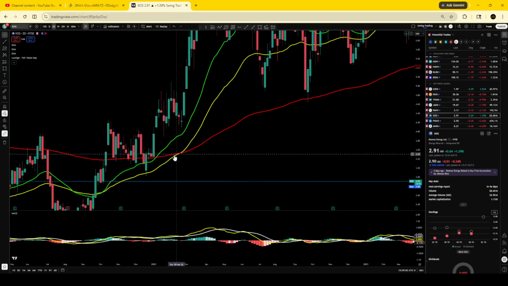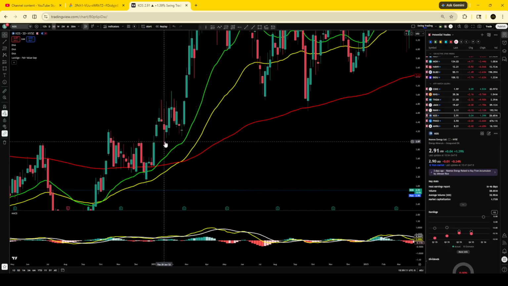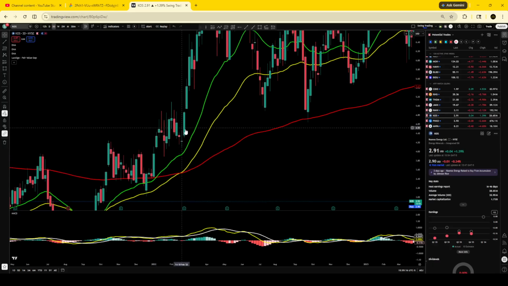Basically, anything that crosses the 200-day EMA and the structure of the market is in line with that, that's how you know a breakout should be coming soon.